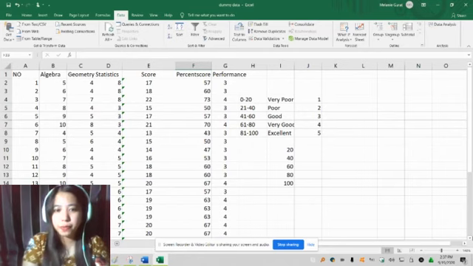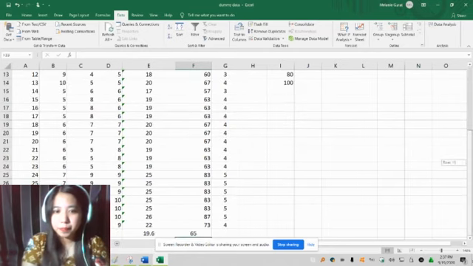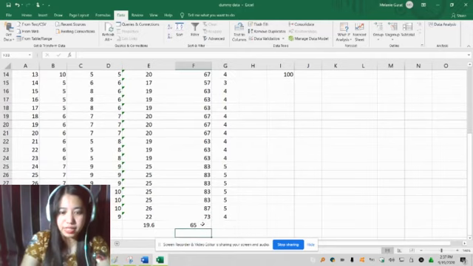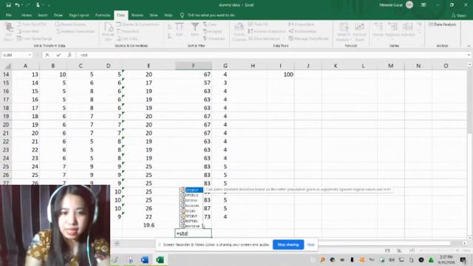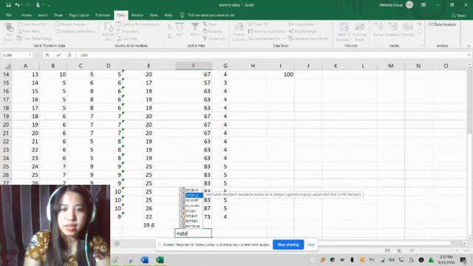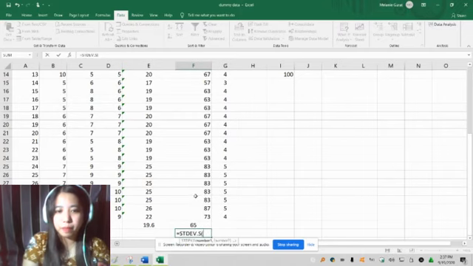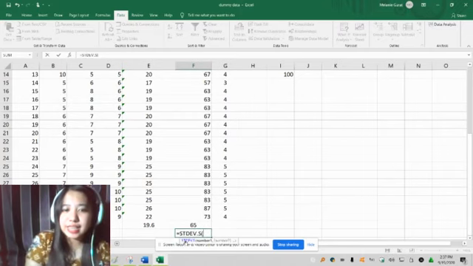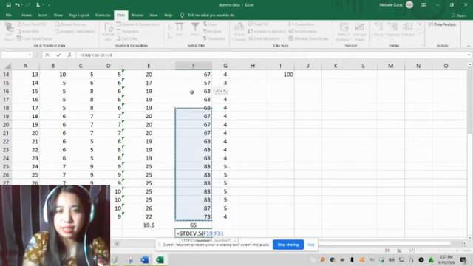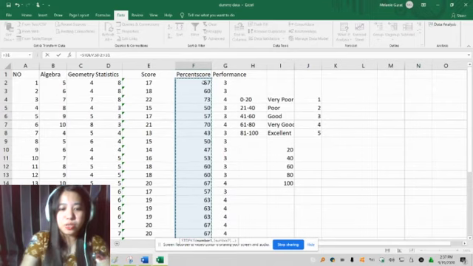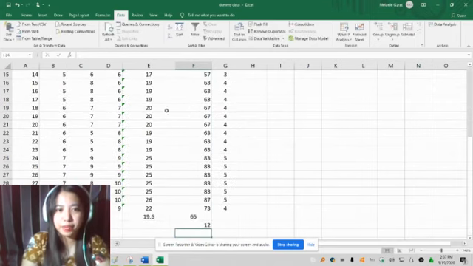And also let us compute for the standard deviation. So equal sign ST dev S, this one. Estimate the standard deviation based on a sample. So again, equal sign ST dev that S, open parenthesis, and then select this data again, close parenthesis, and enter.